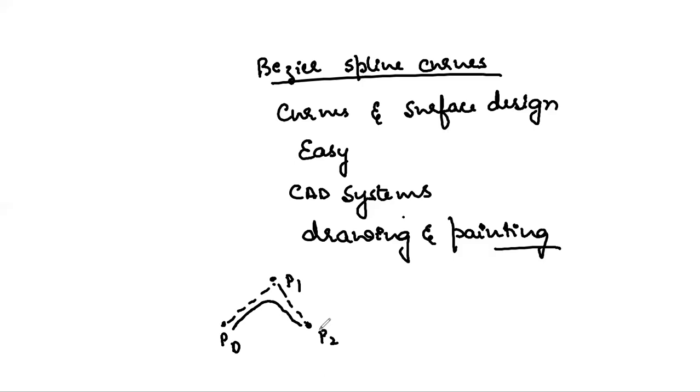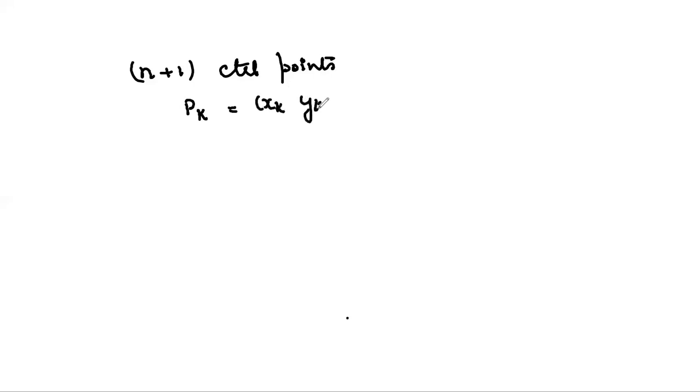Now let us first write some Bezier curve equations and then understand what exactly it is. First, let us start with the general equation, which we write for n plus 1 control points. The control point position, let us denote it as pk, and each pk will have the values xk, yk and zk, where the value of k varies from 0 to n.